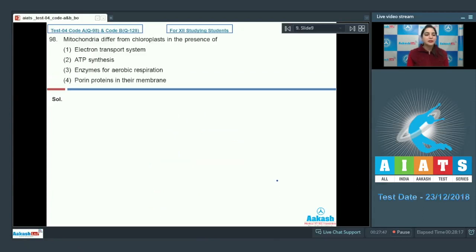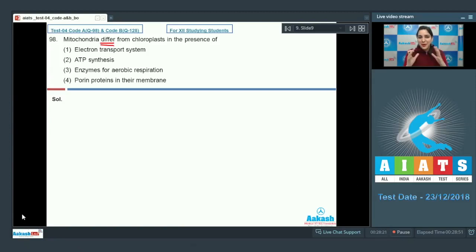Now let's move further. The next question says, mitochondria differs from chloroplast in the presence of, first is electron transport system. Half of you might have been excited to select first as the correct choice, but that's not correct, students. The reason is that electron transport system is present in both mitochondria as well as in chloroplast.